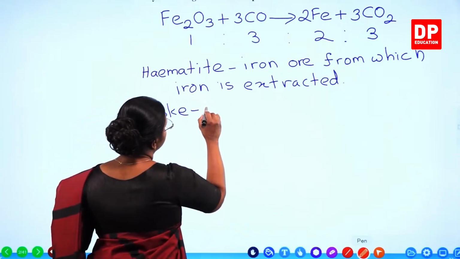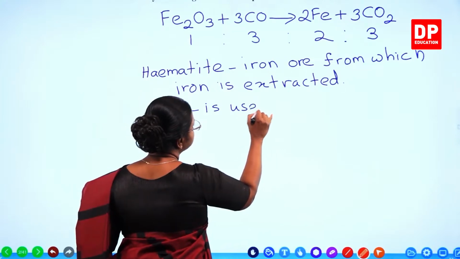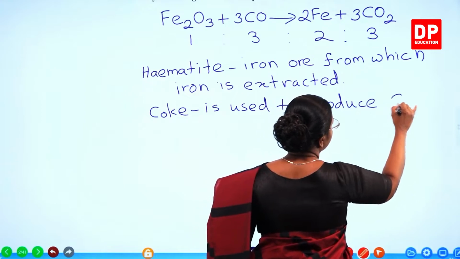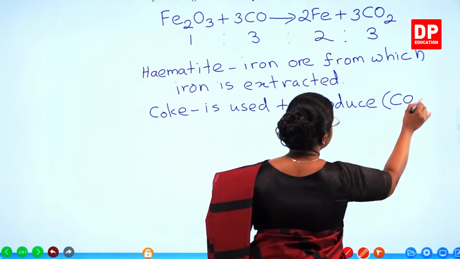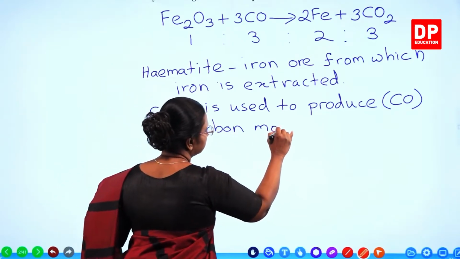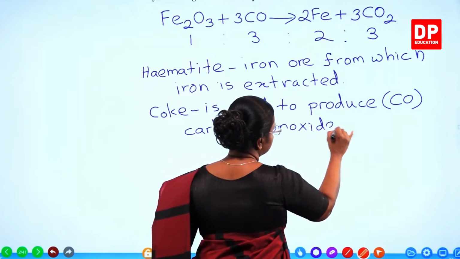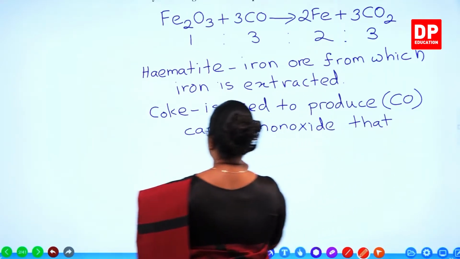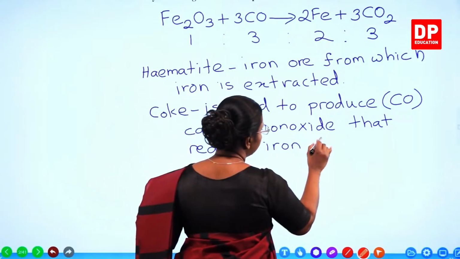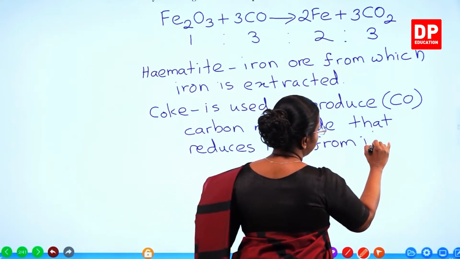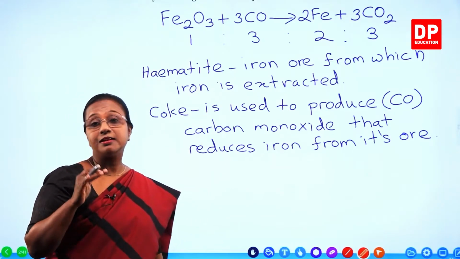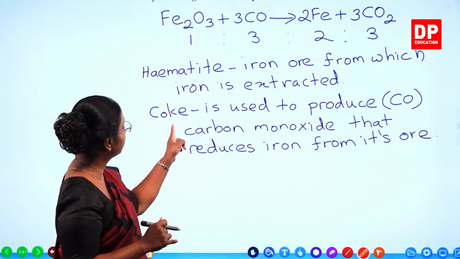Coke is used to produce carbon monoxide. This is carbon monoxide that reduces iron from its ore. So, carbon monoxide is the one that reduces iron, and that is produced from coke.